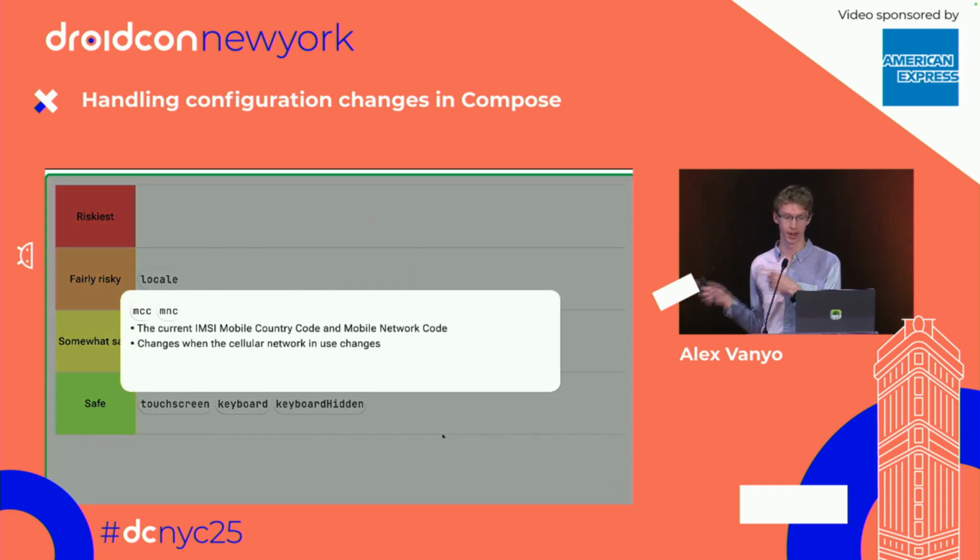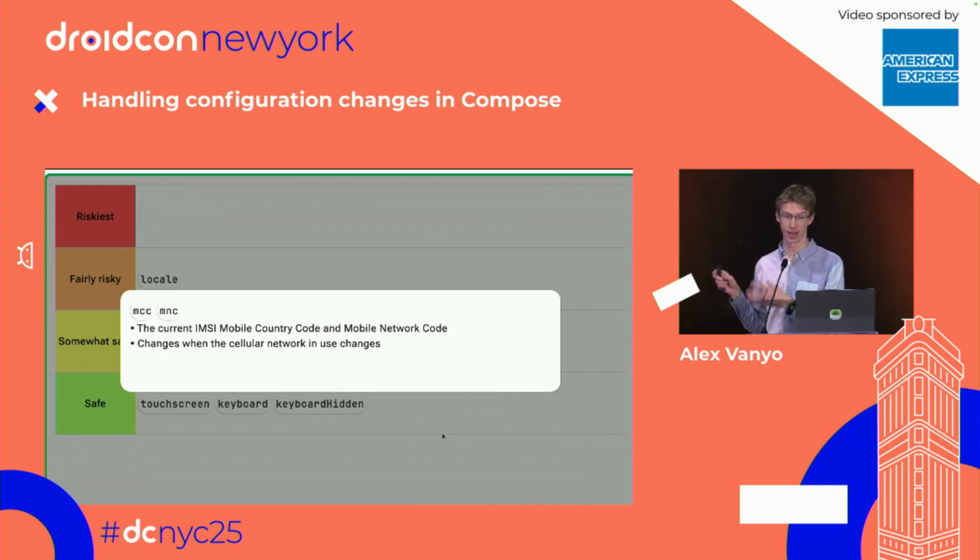All right, next one, MCC, MNC. This is the mobile country code and the mobile network code. If you're wondering what the heck these are, it turns out these are important for the phone part of your smartphone, actually making phone calls. And this will change when the cellular network in use changes. And these ones are interesting because these are actually in a fifth category. These are super, super safe because it turns out these already are configuration changes that by default won't cause recreation.